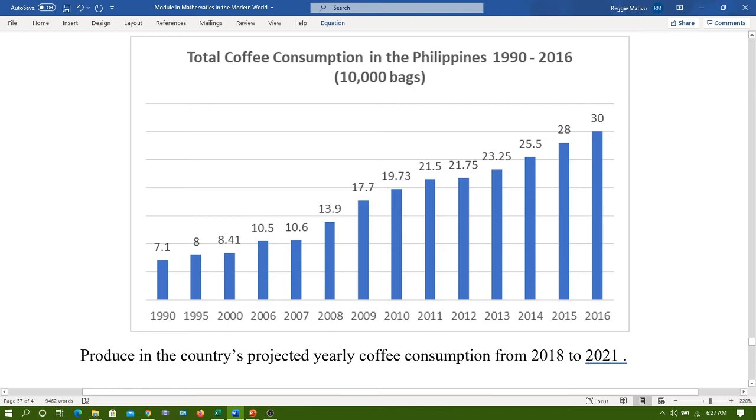We can have a clear picture of the possible consumption and what this means to business owners, to coffee makers. So they will have something to come up with, like, in 2021 we should produce this much coffee because the possible consumption of people will be like this. So that's how statistics work.